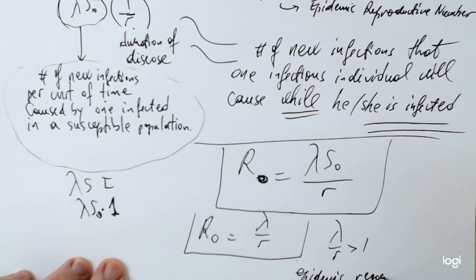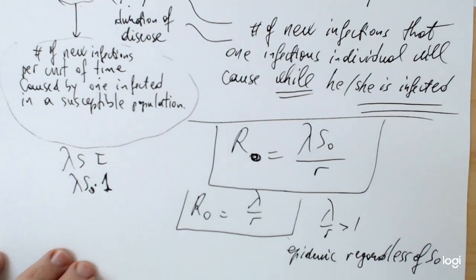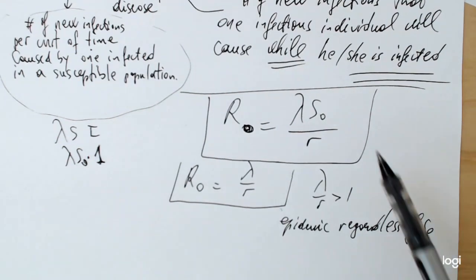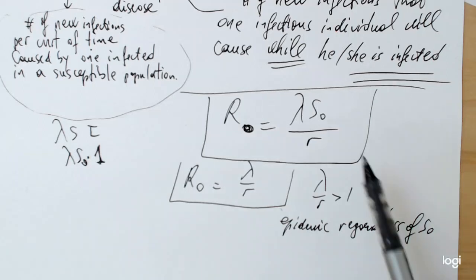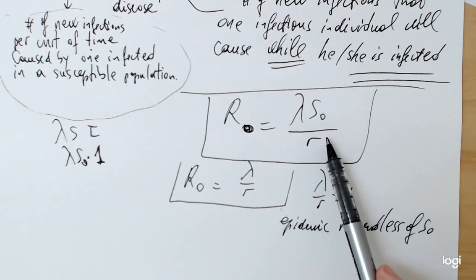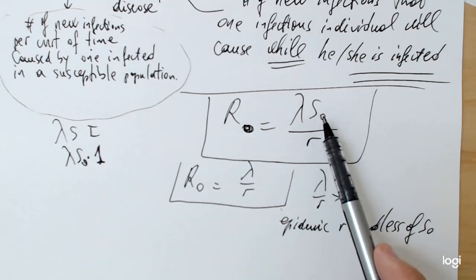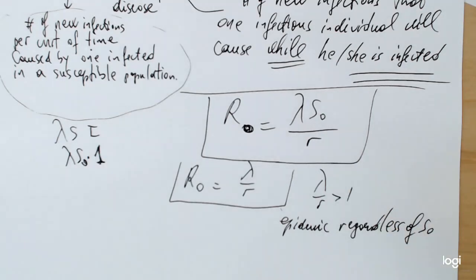So regardless of S naught. So regardless of whether you have initially enough susceptible or not, even if you have just one susceptible, if lambda over R is greater than 1, you still have a spike in the epidemic. Whereas this one is a little bit more precise, because it gives you a measure of whether you have an epidemic or not, depending on how many susceptible you have. Remember, you need to have susceptibles mingling around the population for the infection to occur. If there are not that many susceptible to begin with, then you won't have a spike under the assumptions of this model.